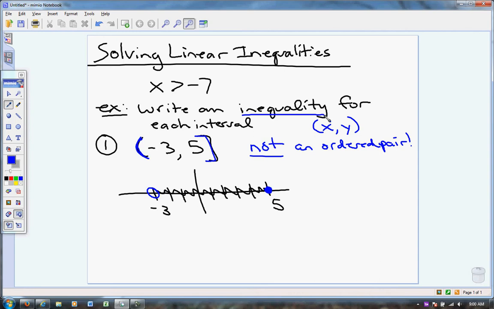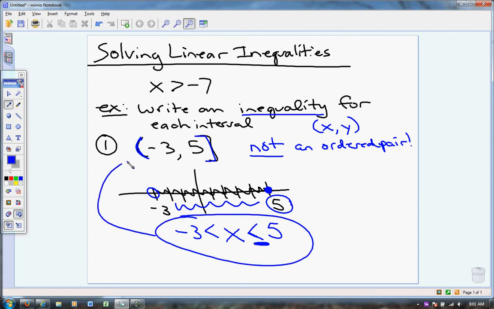Since I have some values sandwiched in between, my x needs to be sandwiched in between -3 and 5. Obviously we're talking about all of the values that are less than 5 but greater than -3. But since we are including the 5, it needs to be less than or equal to right there. And there is our inequality that is the same thing as this interval notation. And that problem is done.